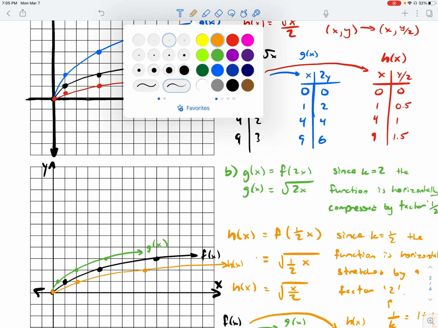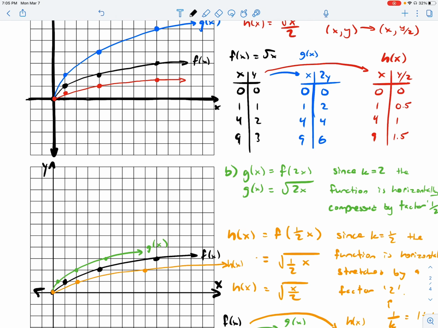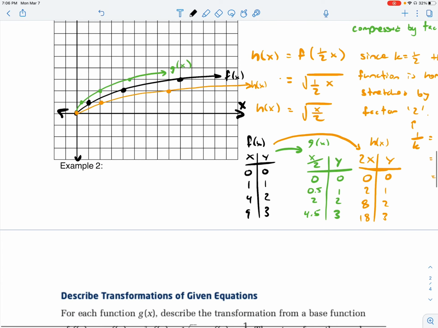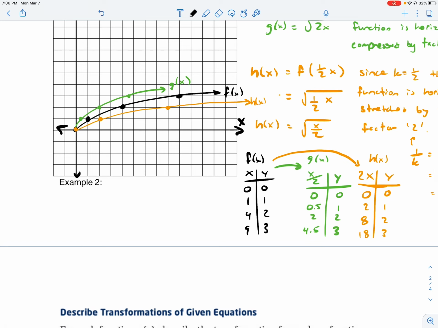So with this vertical and horizontal stretch, because that's all that's been done, we're not seeing any changes with the domain and range. So our domain for all of them is x is an element of R, x is greater than or equal to 0. And the range for all of them, y is an element of R, y is greater than or equal to 0.